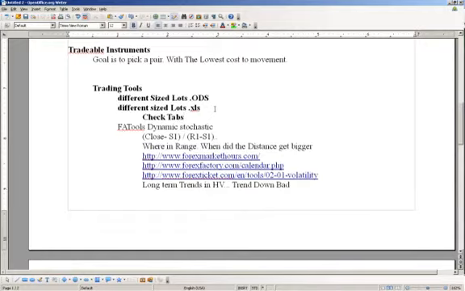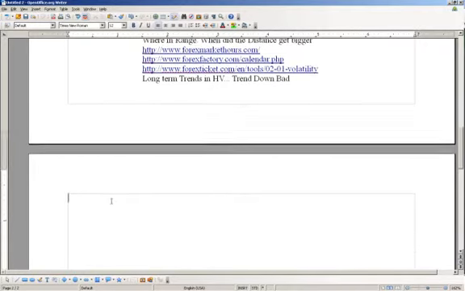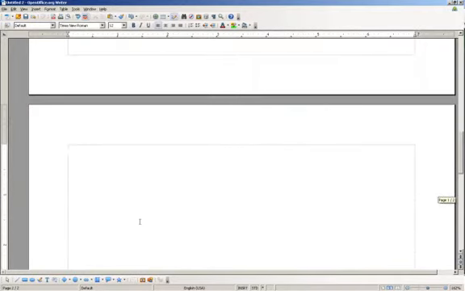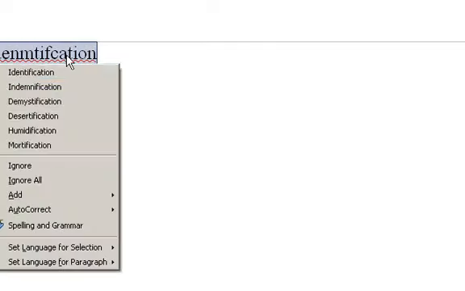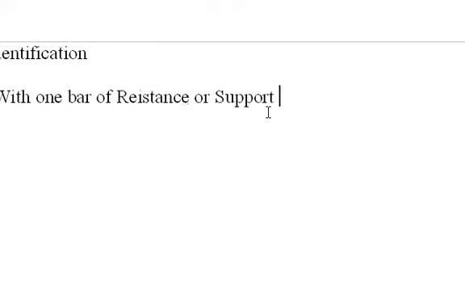Okay, now this lays out our tradable instrument, how we pick it. Now, our trade identification is really all we want to do is be in between R and S, within one bar of resistance or support, and we could use any time frame on this, but right now the old one's set to 5, and you can change the time frame on the new one.